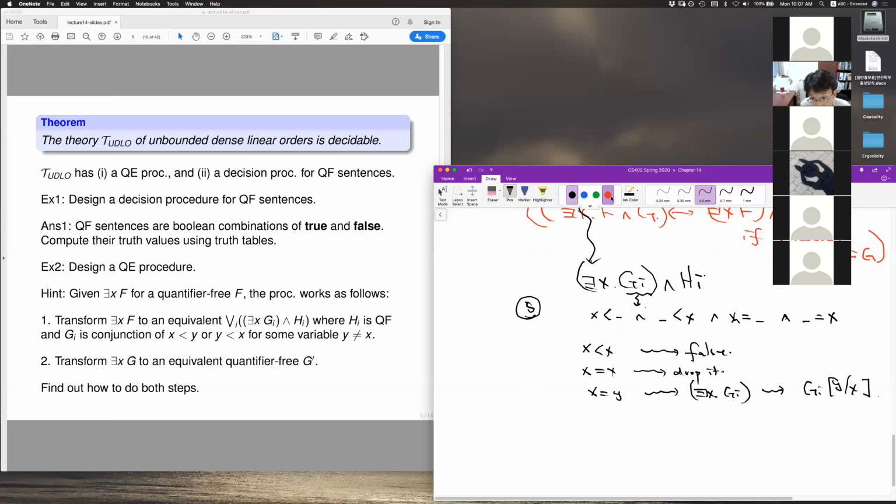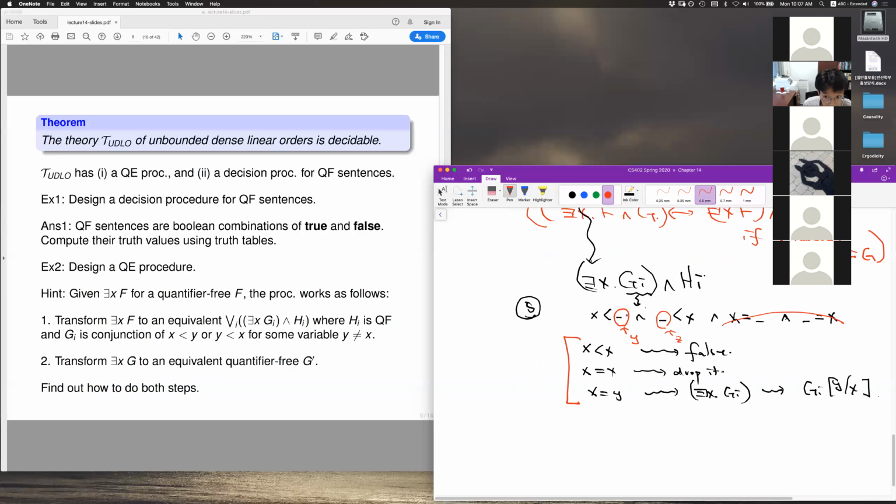So these are the three pre-processing steps. After this, we can assume that if we see X less than something, it should always be some variable Y which is different from X. And if we see another less than, this part also should be something different from X. And we don't have any equality at all, because of this pre-processing.